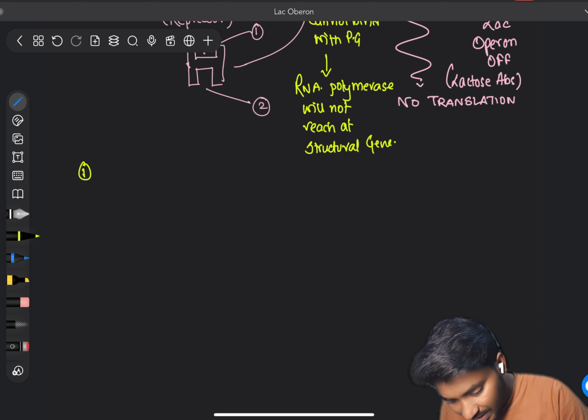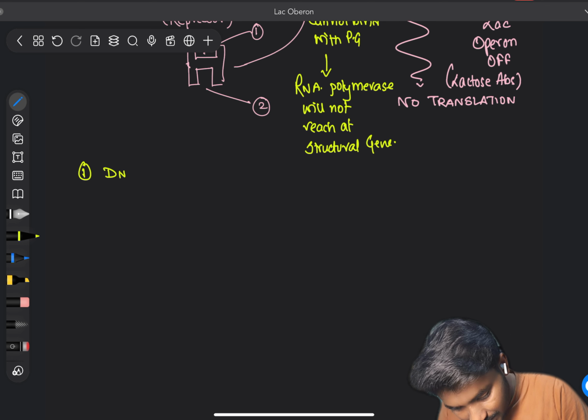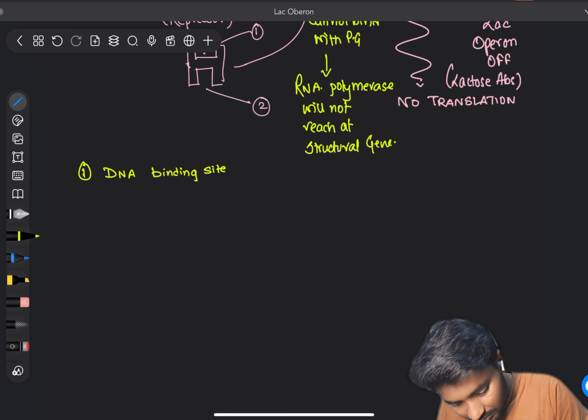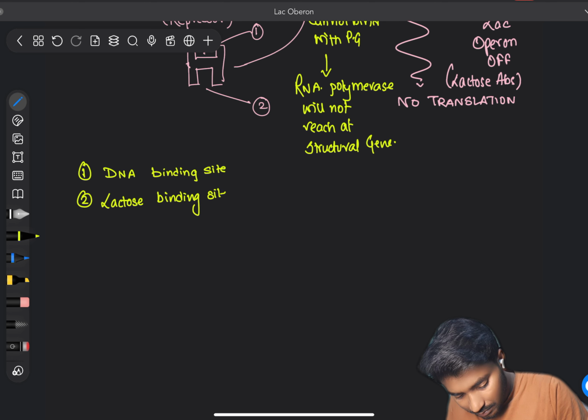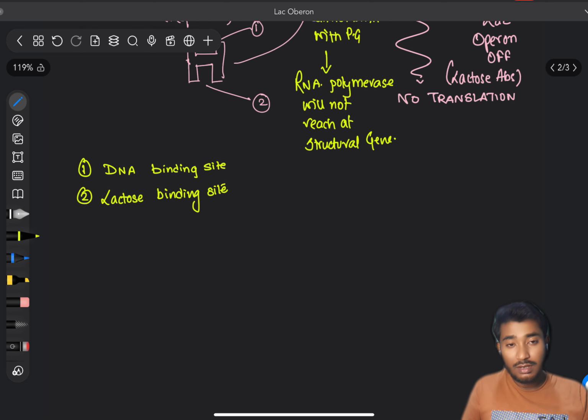Very good question. The repressor has two sites. One is the DNA binding site, and two is the lactose binding site. Now the concept.